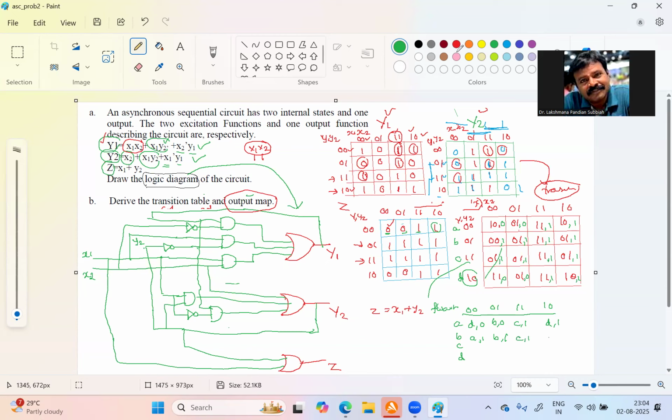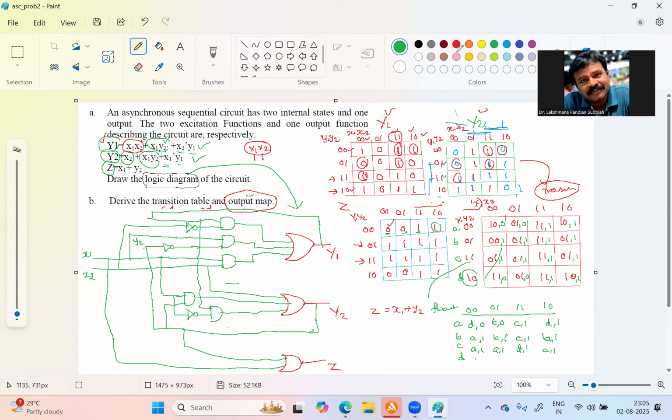Then here we are having 0 1. 0 1 is B, right? B comma 1. Similarly for C, 0 1 A comma 1. Then 0 1 A comma 1. Then 1 1 D comma 1. Then 0 1 A comma 1. Then for D, here we are having A comma 1.